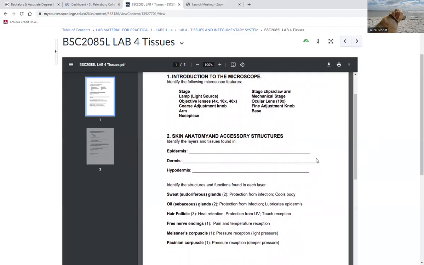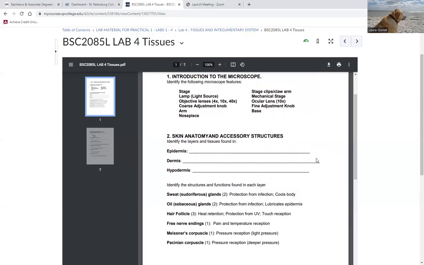I'll just tell you that all the glands are going to be composed of simple cuboidal epithelial tissue. The ones that we see abundantly, the tubes of them, are going to be the sweat glands. They generally originate in the dermis and pass through the epidermis to the surface of the body. We'll see those in some of the models. But we also have oil glands, sebaceous glands, associated with the hair follicles.